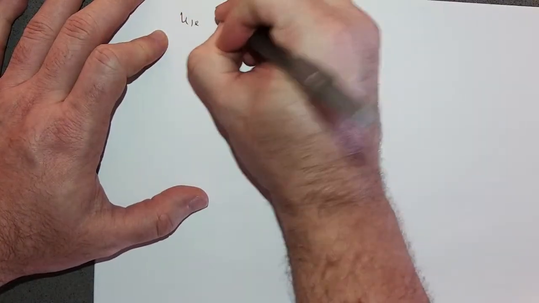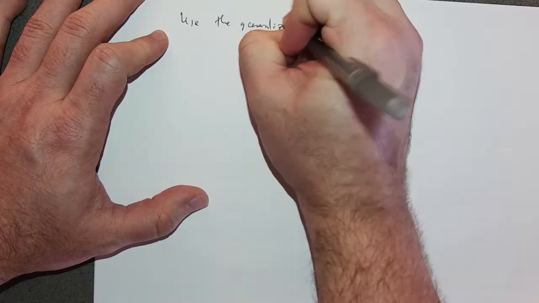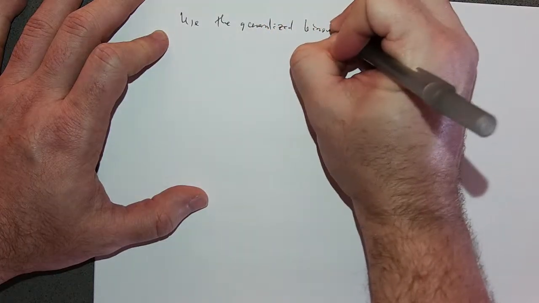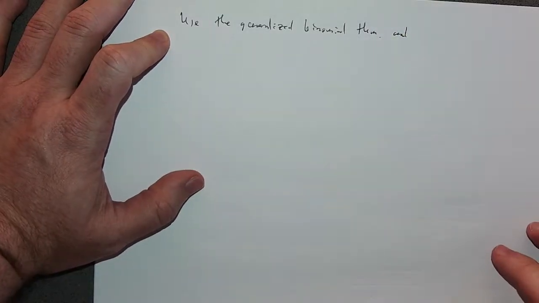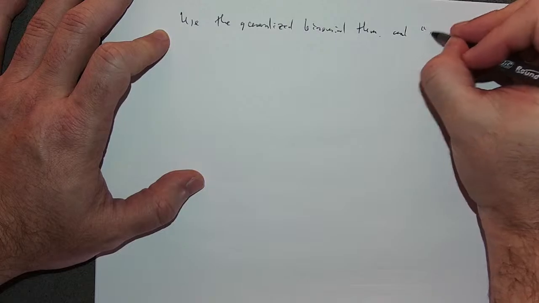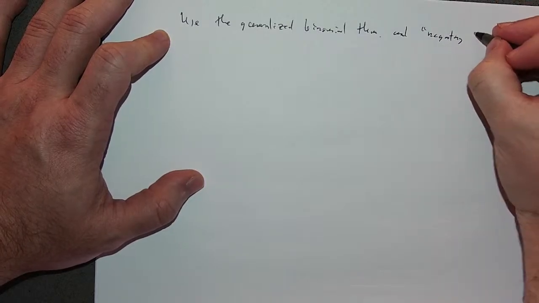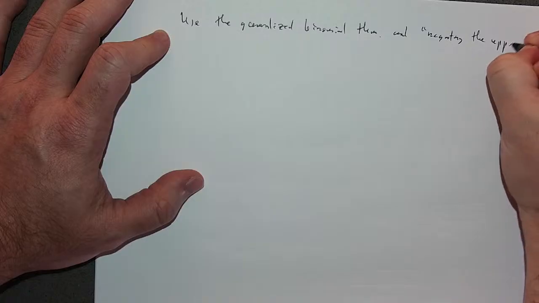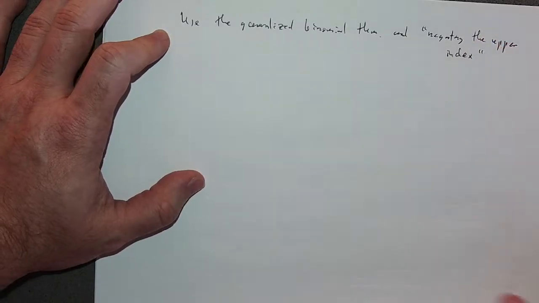I'm going to use the generalized binomial theorem, and along with this, negating the upper index. These were two facts that I stated back to back when we used them a couple lectures ago.